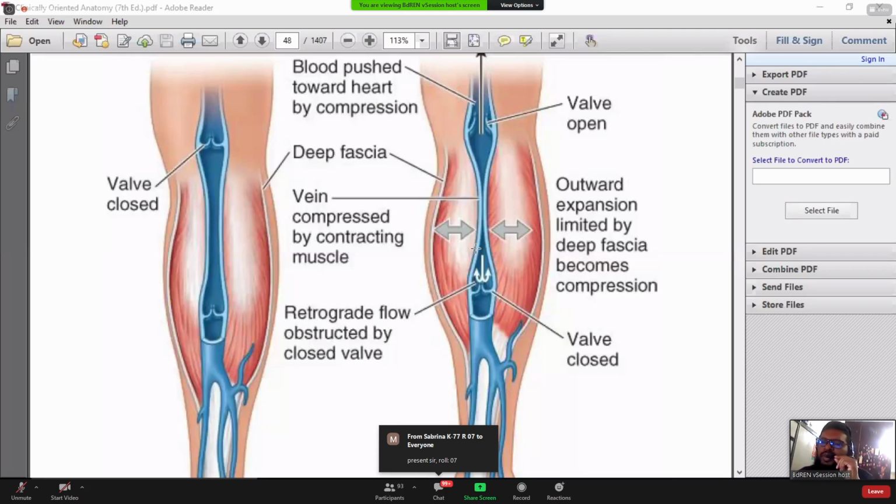Because these valves are not only present in the deep veins but also between the superficial and deep veins, so that blood goes only from superficial to deep. But if deep to superficial flow is established due to the incompetency, the superficial veins will immediately swell up and become tortuous. That is called varicose vein, right? So the competency of these valves is very important.